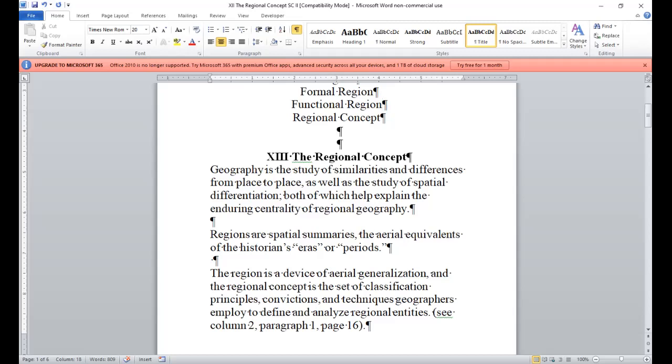For geographers, it is the region, and it's a device of areal generalization. The regional concept is a set of classification principles, convictions, and techniques geographers employ to define and analyze these regional entities.